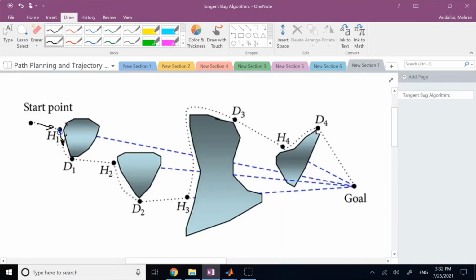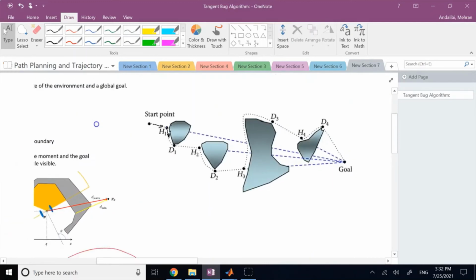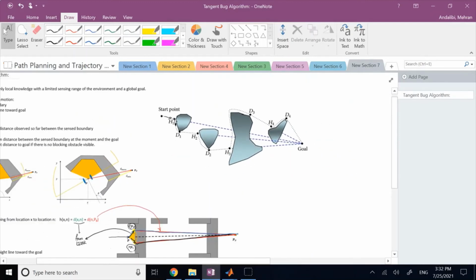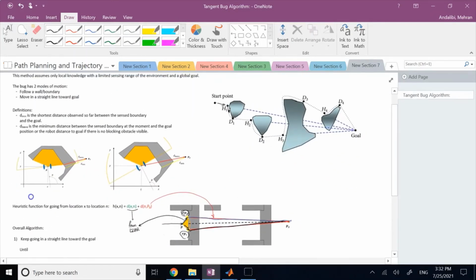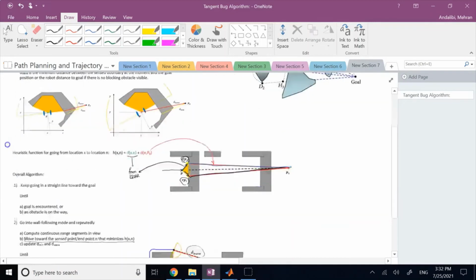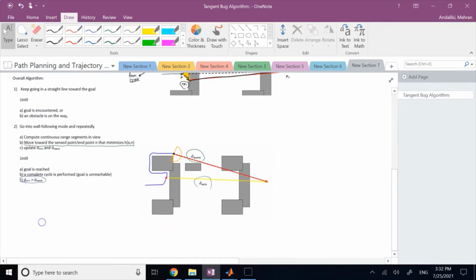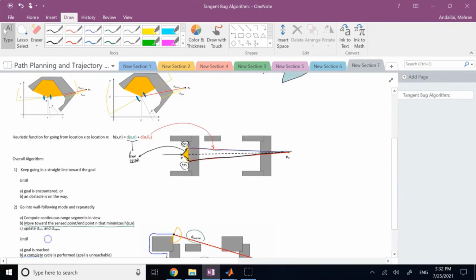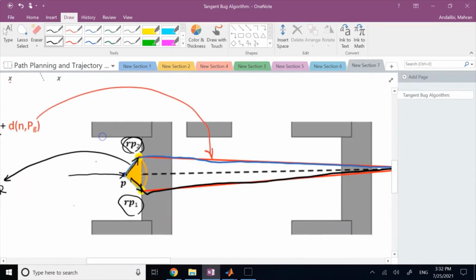Now, when you are doing wall following from H1 to D1, you have to keep calculating some numbers. What are they? You have to calculate your D min and D leave all the time, and you have to calculate the locations of the endpoints as well, right?